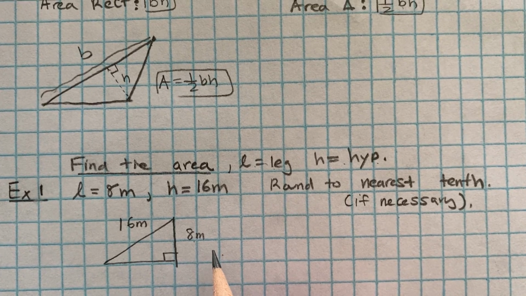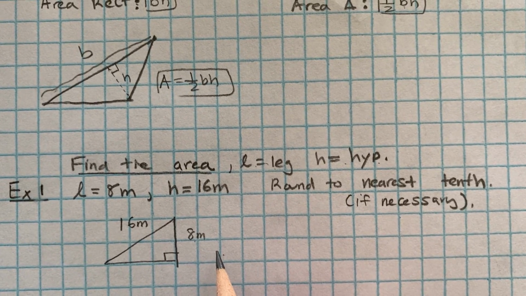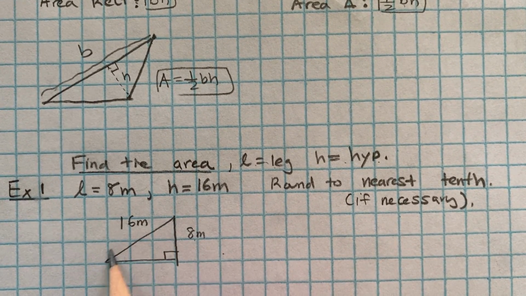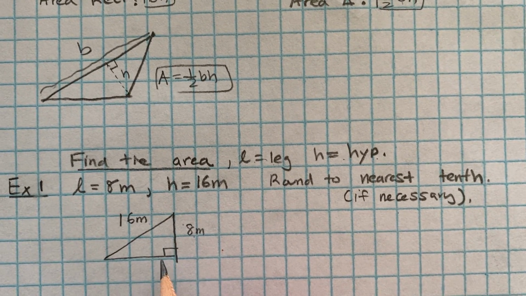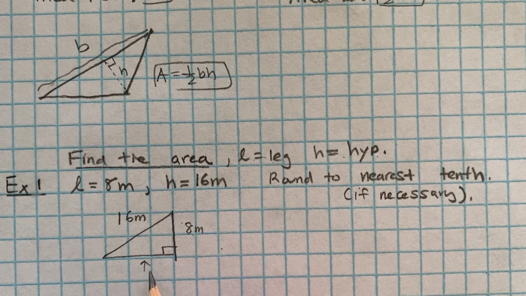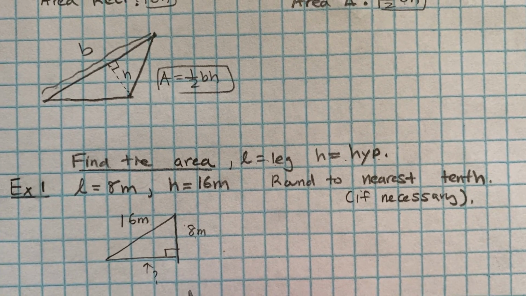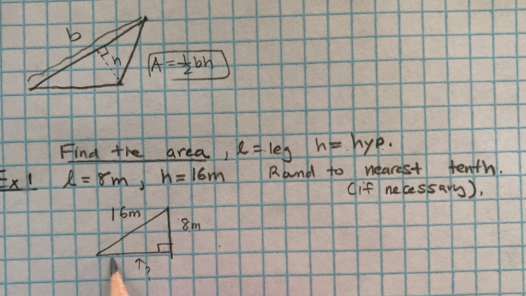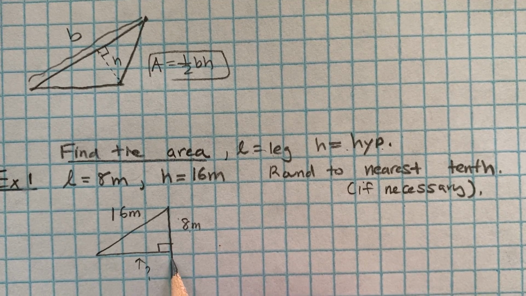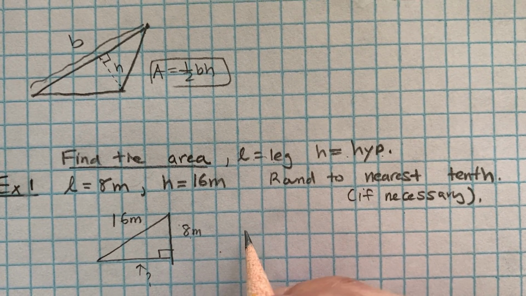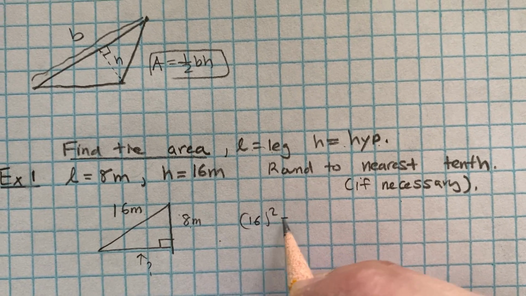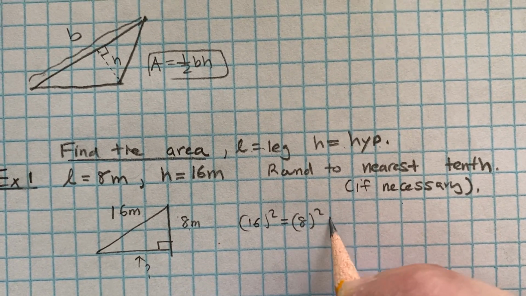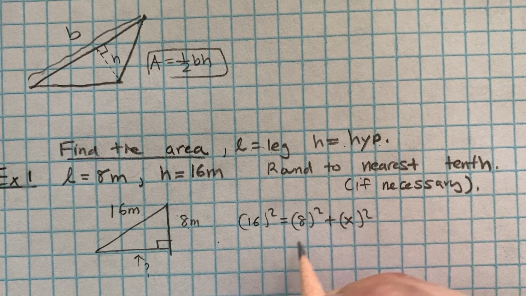Well, over here, if you're given a hypotenuse, you can't just say the area is 1/2 16 times 8. I need to calculate what this is. Okay, so I have to use my Pythagorean theorem. And I call this the base, and I call this the height. Okay, so using my Pythagorean theorem, 16 squared is equal to 8 squared, and we'll just call this x squared.